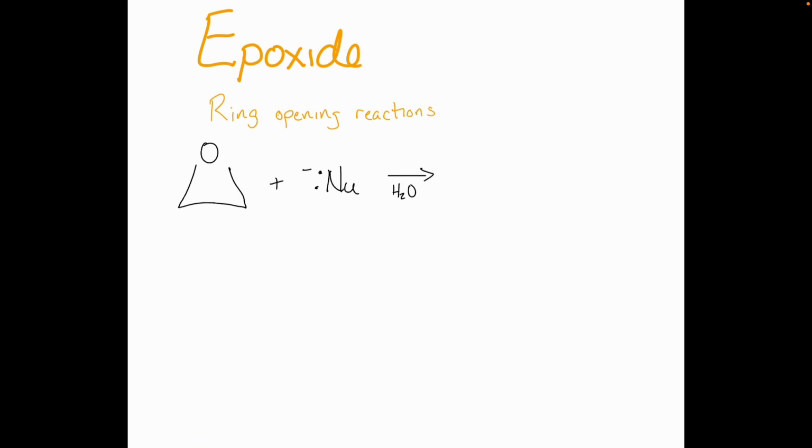Okay, so our nucleophile is going to attack one of these carbons, and that's going to cause this bond to break, so our ring pops open, right? And so what we get is a nucleophile attached to one carbon, and then an alcohol group on that carbon next door.